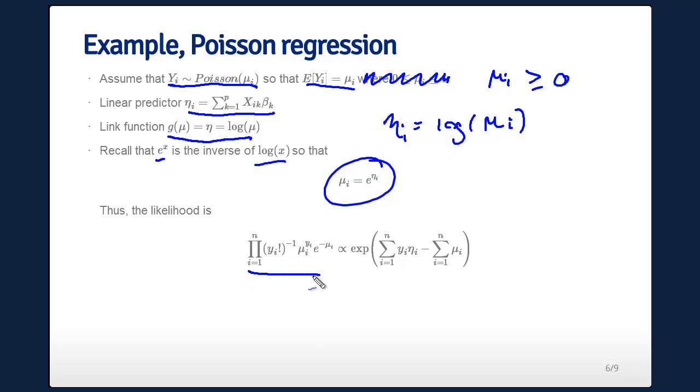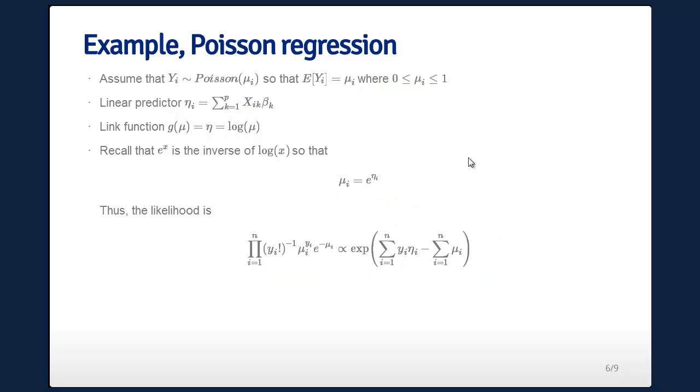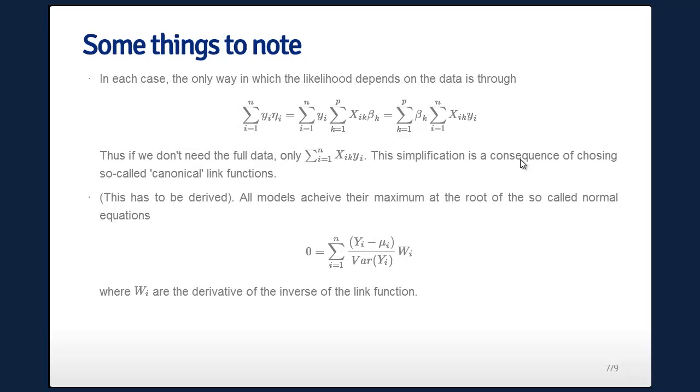If we write out the Poisson log likelihood and simply plug in e to the eta i for our mu's, we wind up with an expression that looks something like this. It's interesting to note that in each of these cases, the likelihood only depended on the summation of yi eta i, which you can do the arithmetic and see works out to be this.